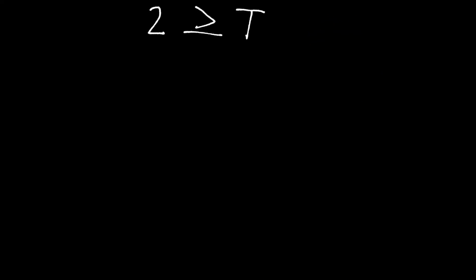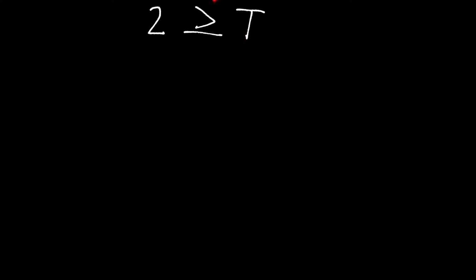All right, for our final example here, we've got 2 is greater than or equal to t. So whatever t is, it has to be smaller than 2 because 2 is greater than or equal to whatever t is.